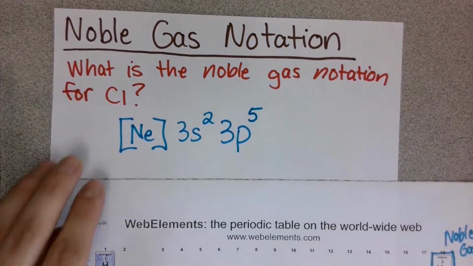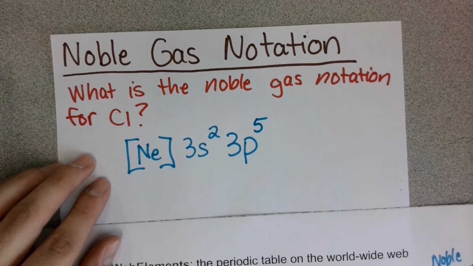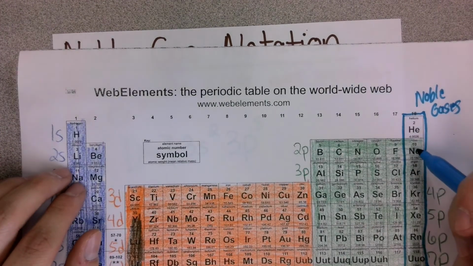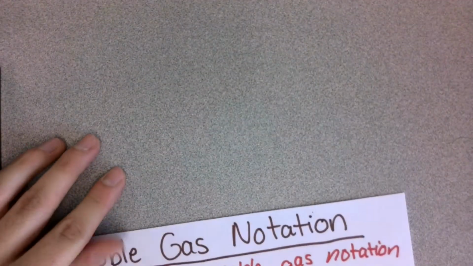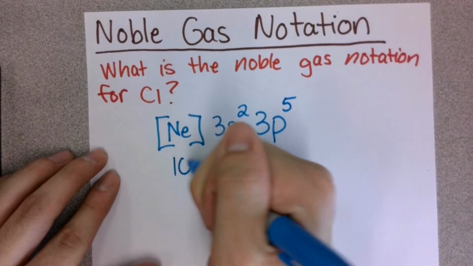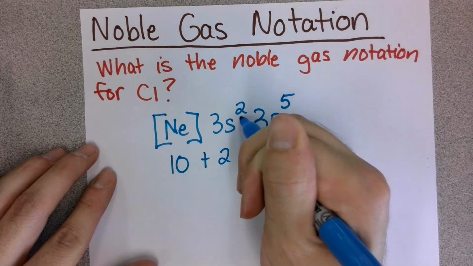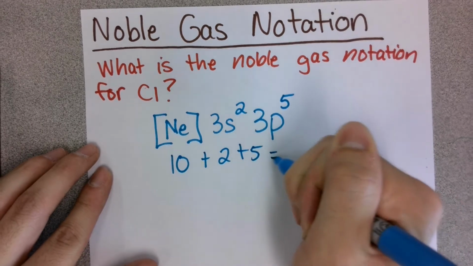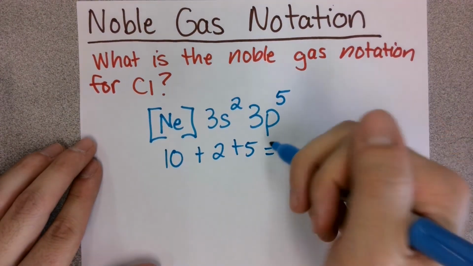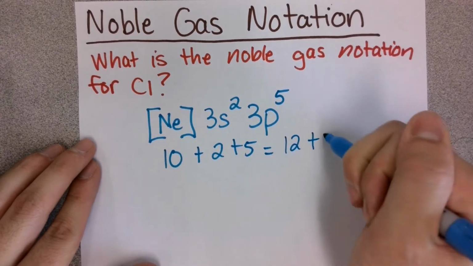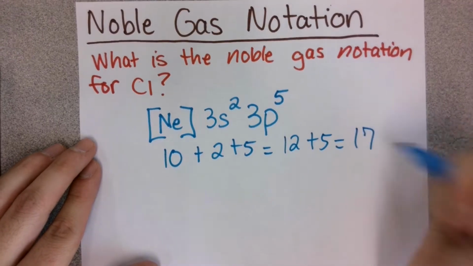Another good way to check yourself: neon is number 10. So neon has 10 electrons, plus 2 from here, plus 5 from here. 10 plus 2 is 12, plus 5 is 17.